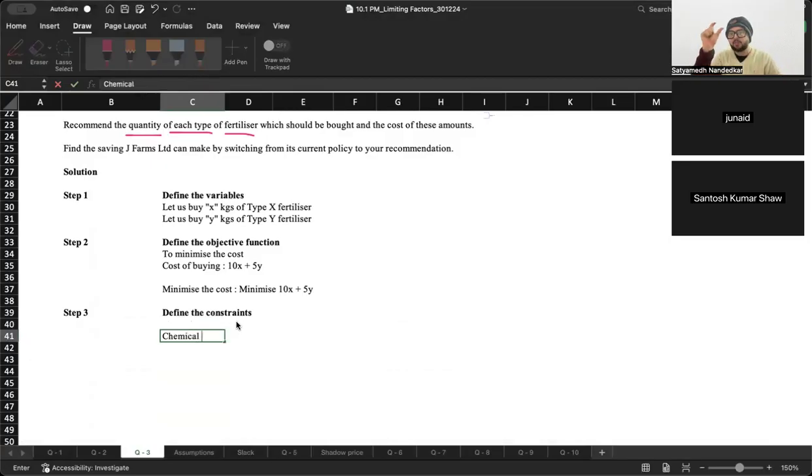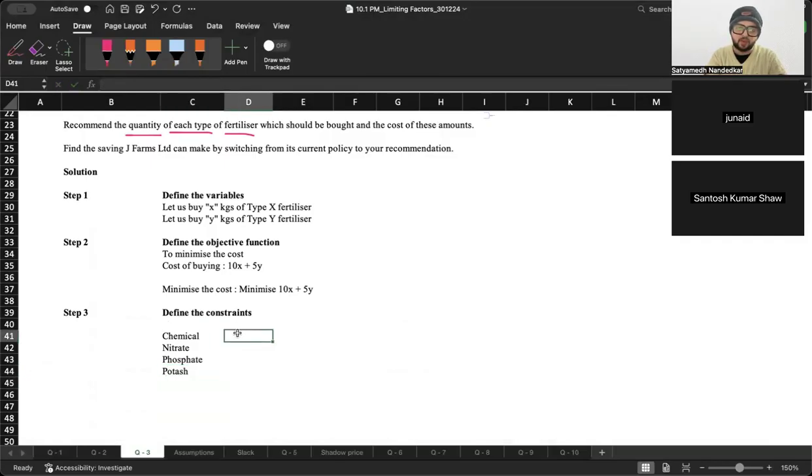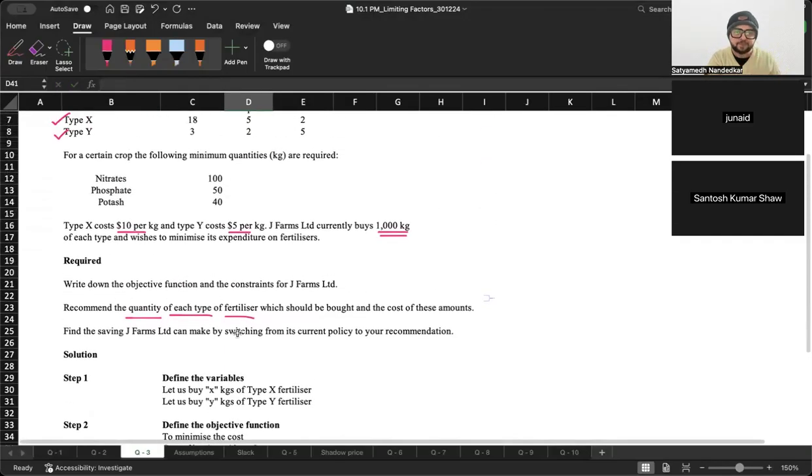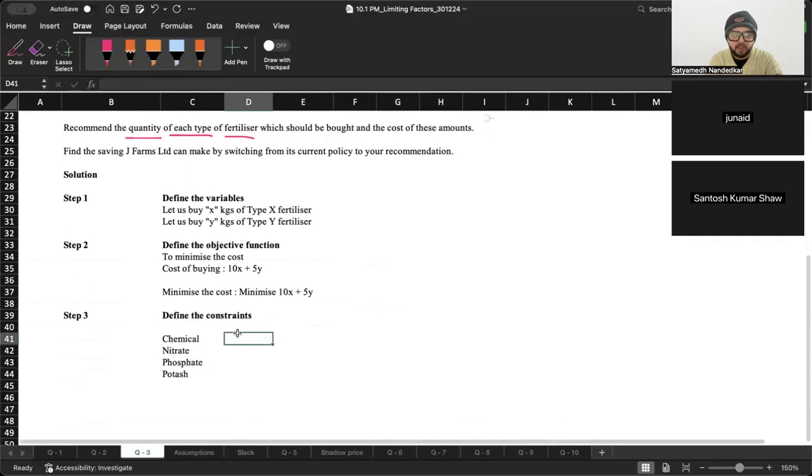Because उसका minimum quantity, maximum quantity is for that. ठीक है. So chemical name is nitrate, phosphate, potash. Nitrate, phosphate, and potash.